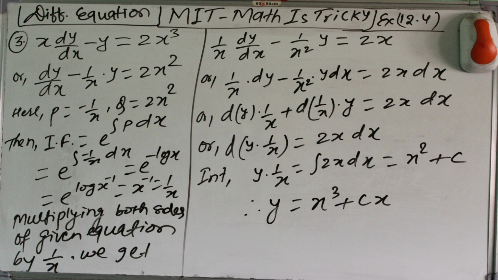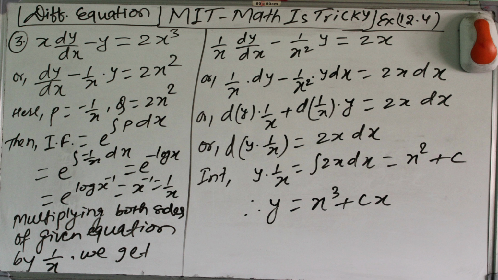Now we'll try to express the left hand side as the derivative of some function. So it is here the derivative of y into 1 by x plus the derivative of 1 by x, which is minus 1 by x square, into y equals 2x dx.